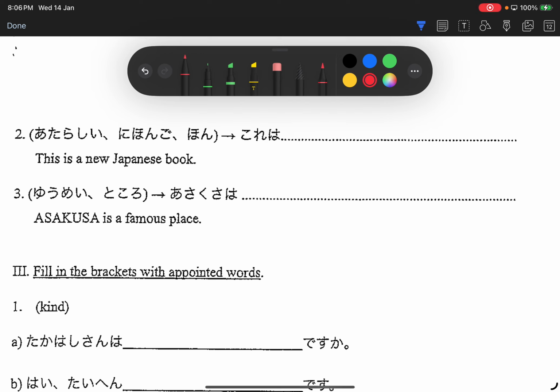Then let's go back to the first one, 新しい. 新しい is an い adjective. When we put it in front of our noun, in this case our noun here is 日本語の本. Okay, I combine the two nouns together to become one big noun, 日本語の本. So this big noun is a noun. So an い adjective connecting to a noun, we don't need to add anything.